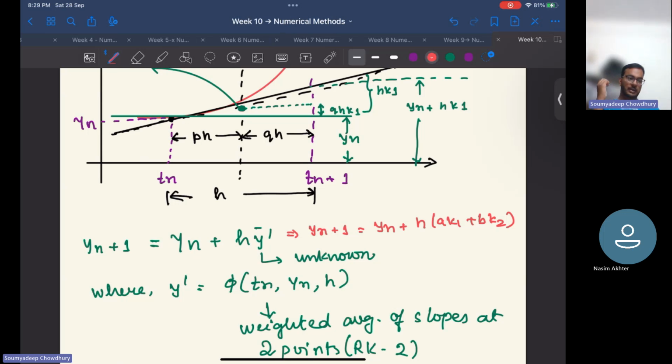So we can write it in terms of K1 and K2 with some coefficients: y bar dash will be AK1 plus BK2. In order to find K2, we need P and Q. And in order to find Yn plus 1, the entire basis of the RK2 method, we need A and B also, right?